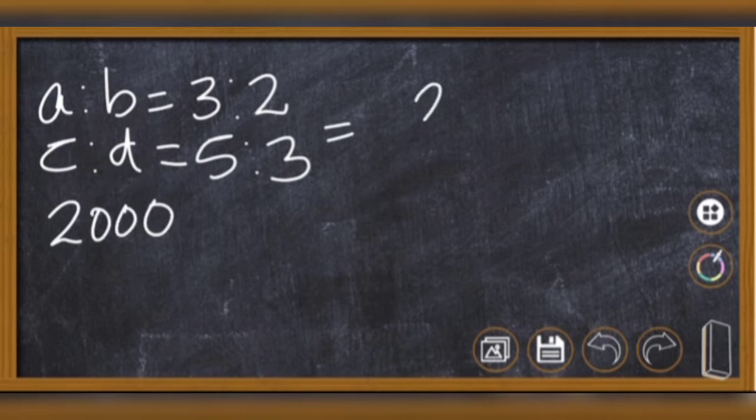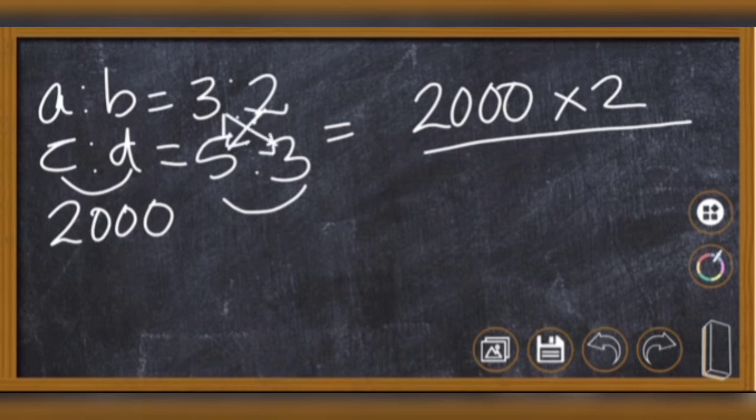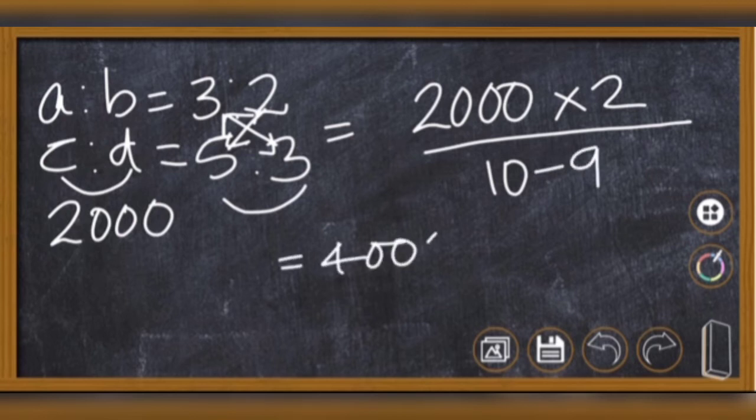We will first find the common value, X into C minus D divided by AD minus BC. So 2000 into 5 minus 3, that is 2, divided by the difference between the cross products, 5 into 2 is 10 minus 3 into 3 is 9, that is 1. So we get 4000.